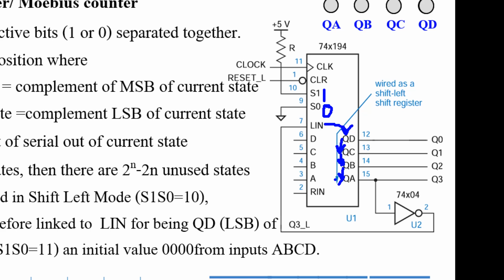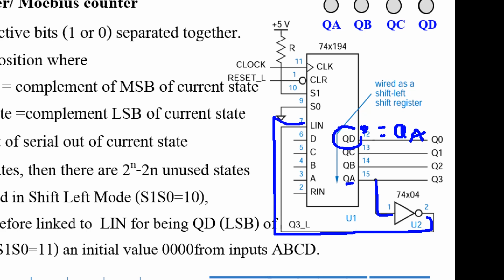And from the equation we know that QD star equals the invert of QA. So we just connect an inverter and feed the opposite value to Rin. So now you can implement the twisted ring or Johnson counter, but invert this bit and feed it to Rin. Okay, that's all.